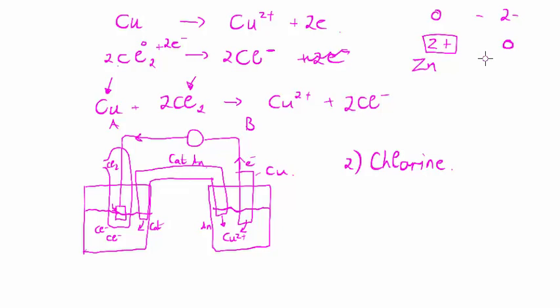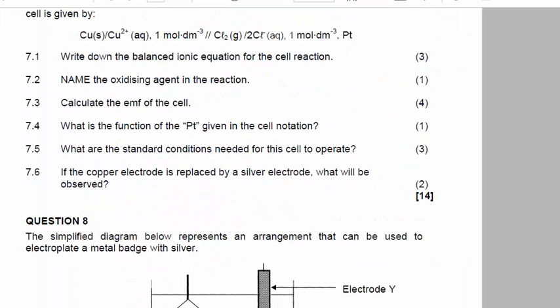You can't say zinc because zinc has a 0. So chlorine is 0. If it was chlorine negative, my answer would have been the chlorine ion. Do you understand? So whatever is the one that originally has the higher one, that's important.